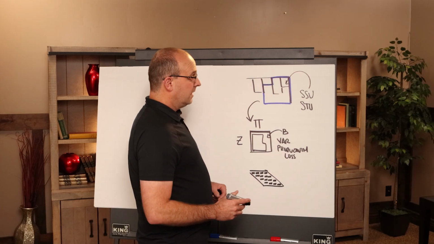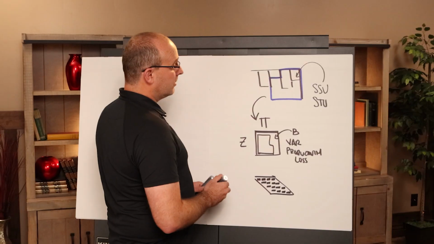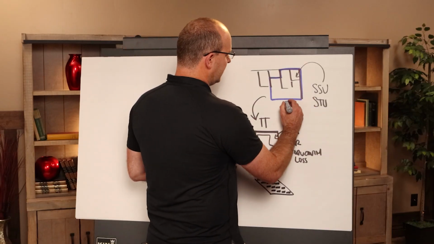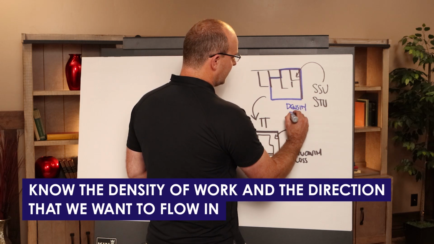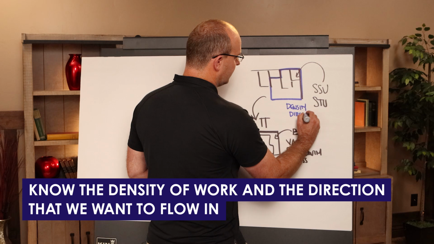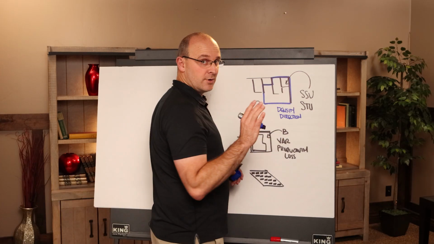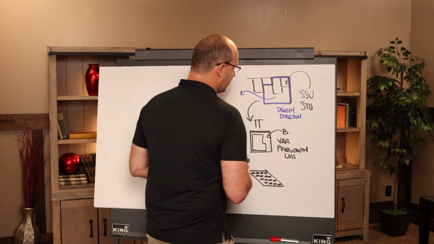We know that at each of these levels, there's a certain amount of planning. What goes on up here for the standard space unit and the standard time unit is we have to know the density of work and the direction that we want to flow in. What we need is each of these zones to be packaged properly, and we want to know the direction that they will flow from zone to zone.